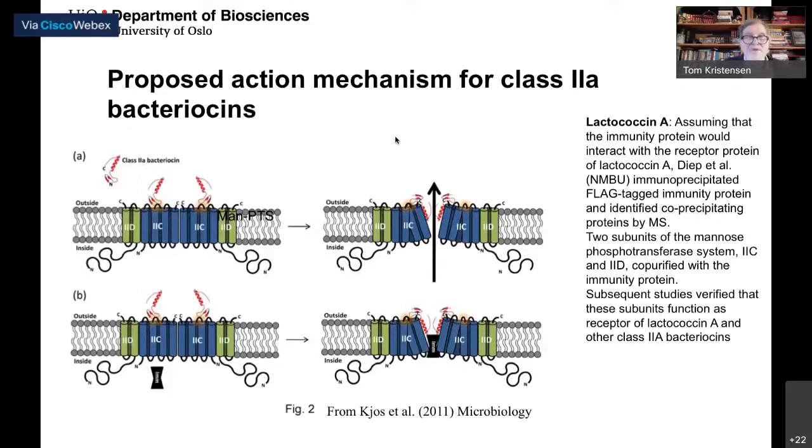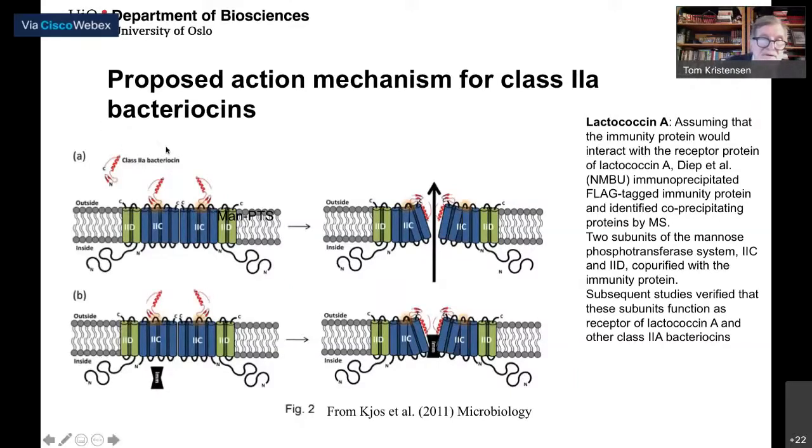What the group at the Life Science University in Norway managed to show was that this lactococcin A functions by interacting with a specific protein complex in the bacterial membrane, the so-called, let me see if I remember it, mannose phosphotransferase system, which is responsible for the transport of mannose and other sugars from the outside to the inside of the cell where they can be used.